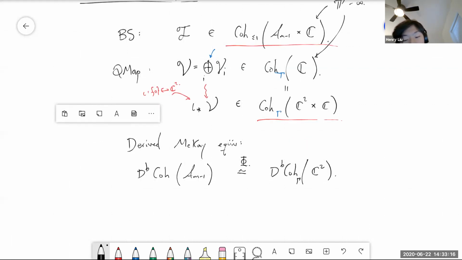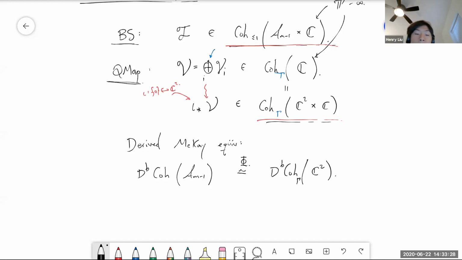There's some technicalities because this whole BS moduli space, it's not this entire category, and similarly the quasi map moduli space is not this entire category. You really have to make sure that certain subcategories of the stable objects actually match, and that's the annoying part I was talking about.